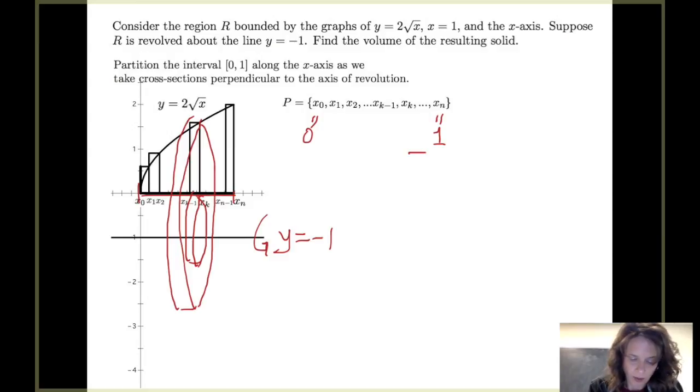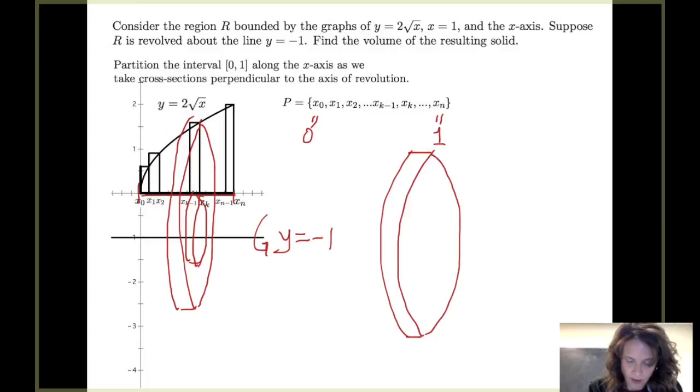I'm going to come over here and work with it, and mark it up with dimensions. So I'm going to transfer this axis this way. So here is y equals -1.